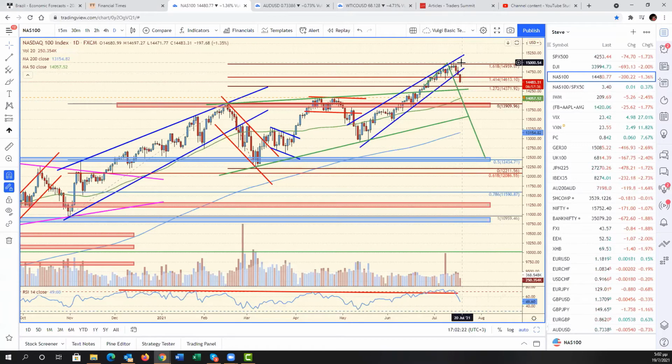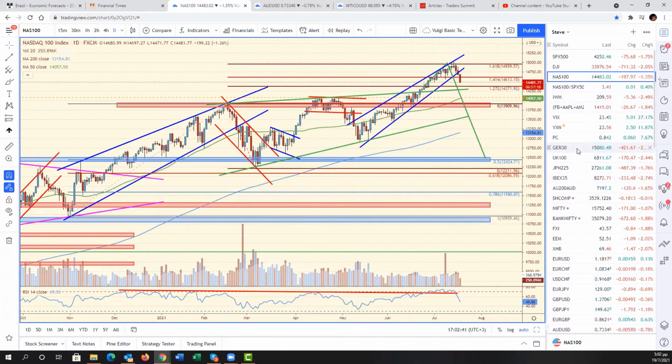I mean, yeah, we made it exactly to 15,000. So we made it like 40 handles higher, which at 15,000 is a completely irrelevant percentage, but in any case, we're seeing a breakdown here.